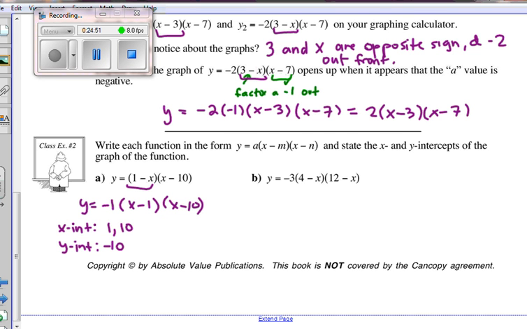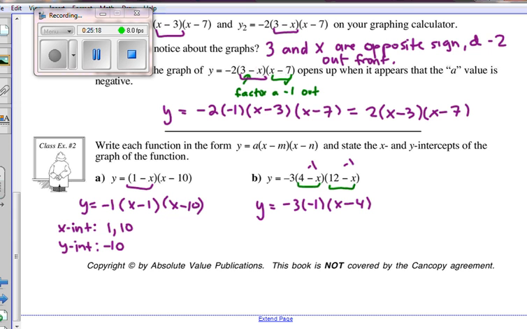Okay. Next guy, who's in the wrong order? Both of them. So we're going to have to factor a negative out of both of them. We're going to factor a negative 1 out of him and a negative 1 out of the other. So we're going to factor a negative 3 times the negative 1 for this guy, and it becomes x minus 4.